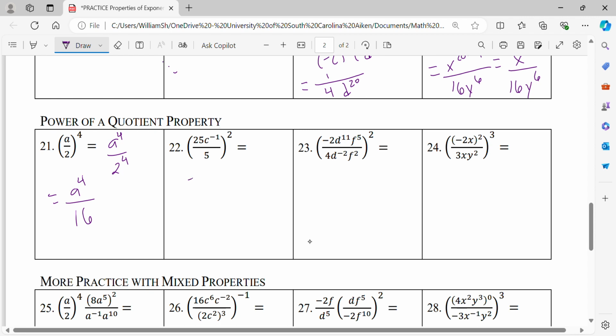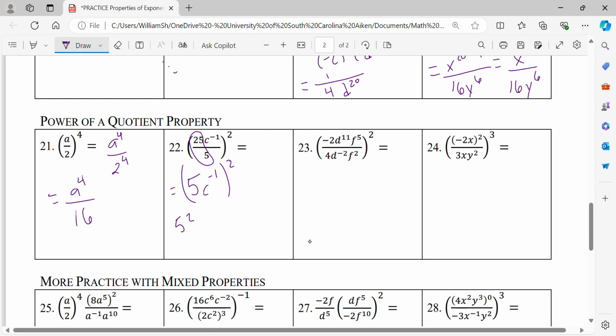Is there something easy we can do here to make this squared just even easier than that? What's 25 divided by 5? It's 5. So technically, I could reduce it to this right off the bat, because 25 divided by 5, this piece right here, I could simplify that down into just that 5.